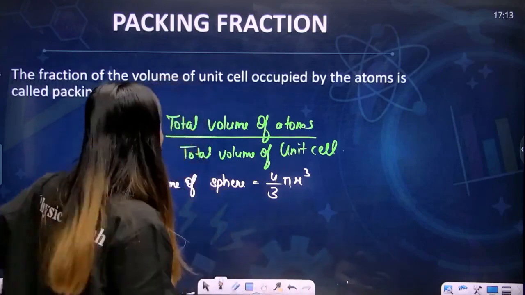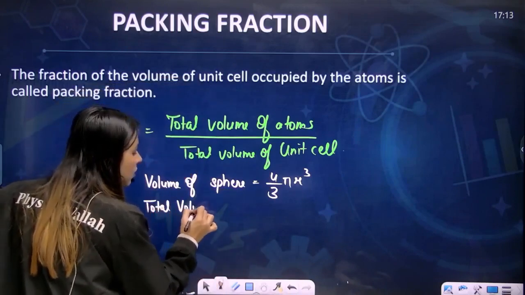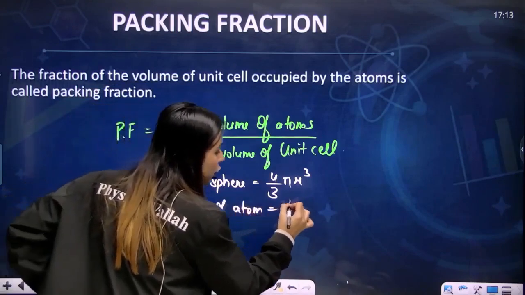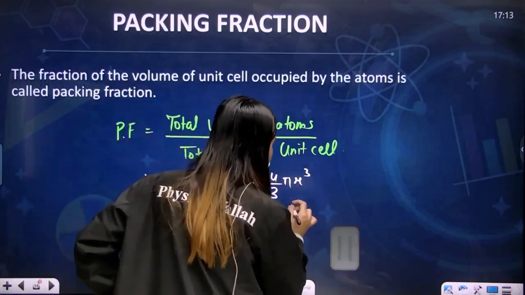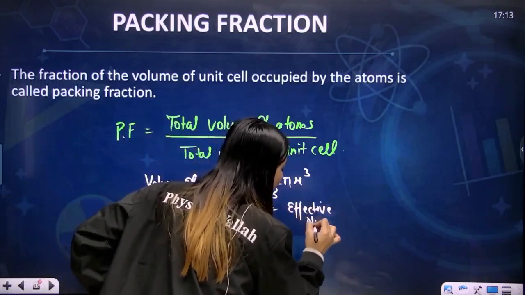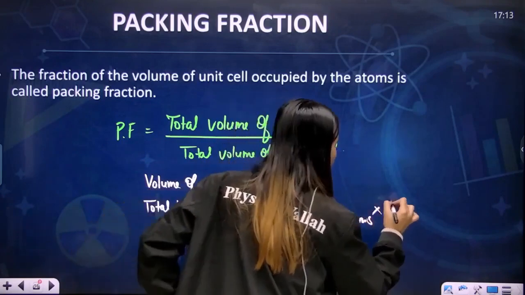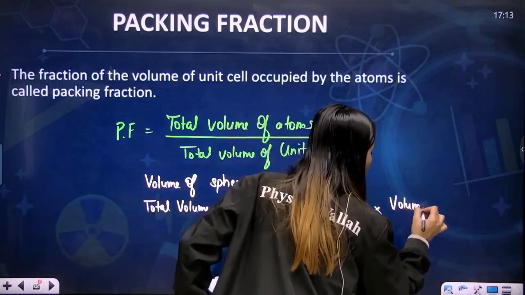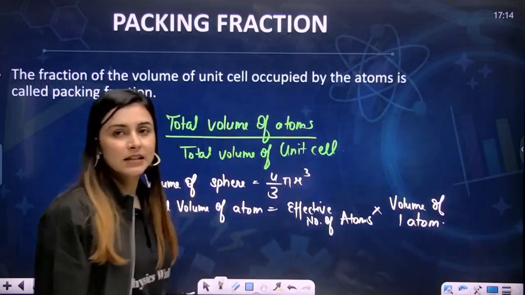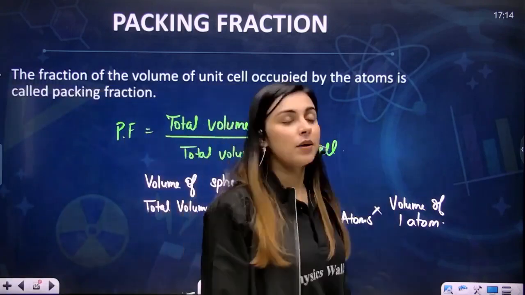So the total volume of atoms will be the number of atoms, or I could say the effective number of atoms, into the volume of one atom, right? Now, what is actually the effective number of atoms?